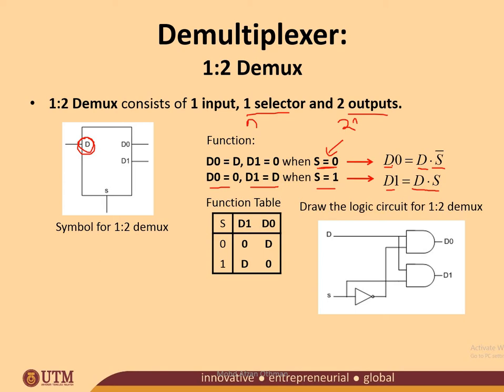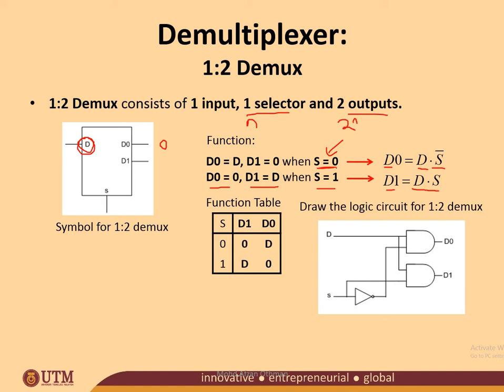Let's say s is 0 and d currently is 0, then you will have d0 as d dot s bar, and d1 as d dot s, so you will have 0 for both.